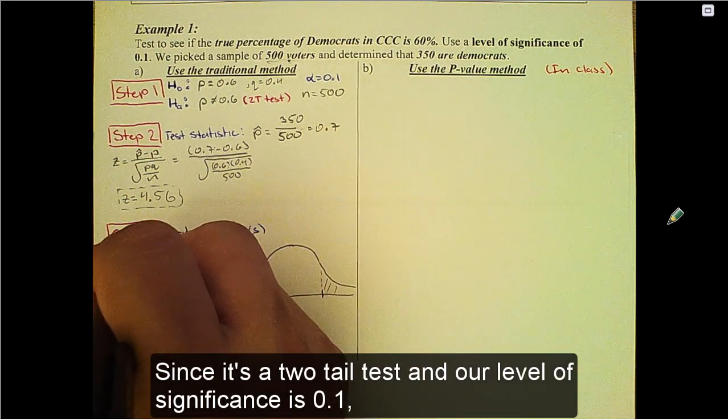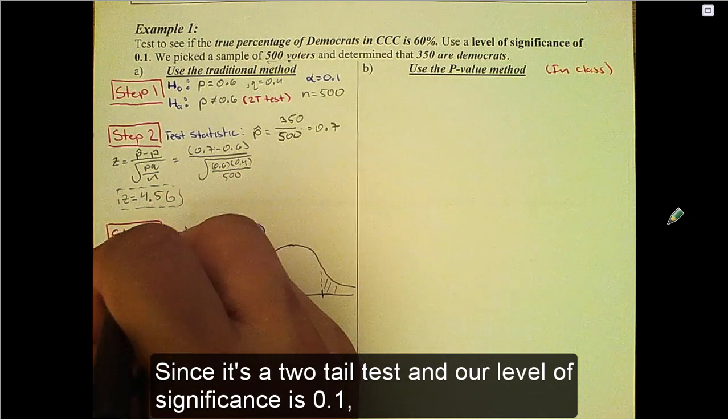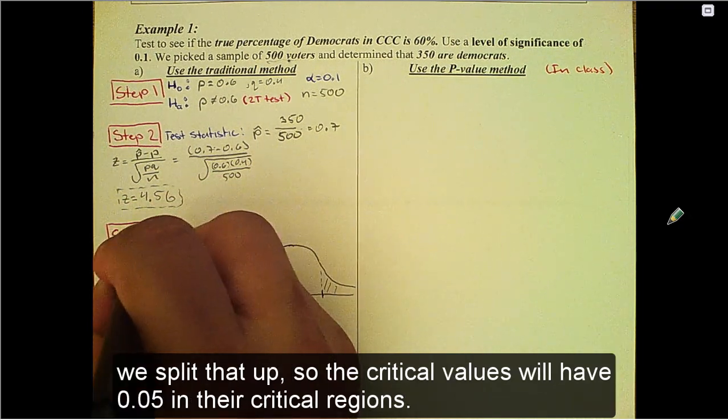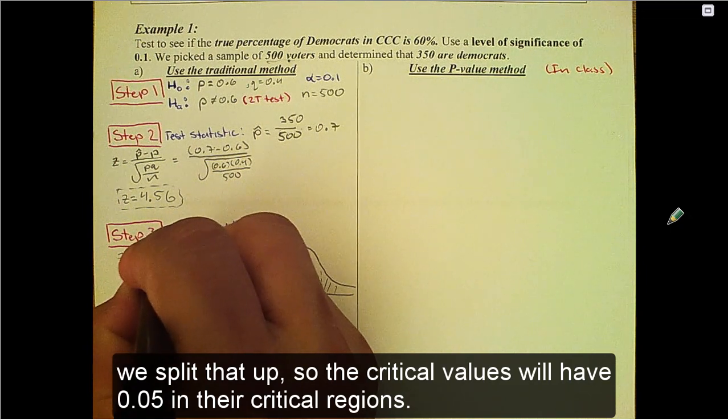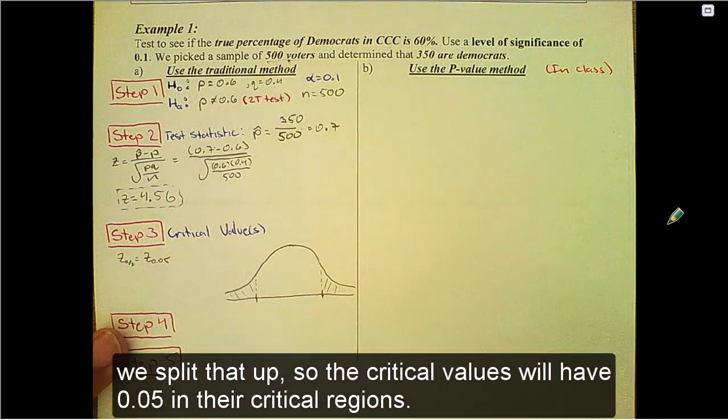Since it's a two-tailed test and our level of significance is 0.1, we split that up so the critical values will have 0.05 in their critical regions.